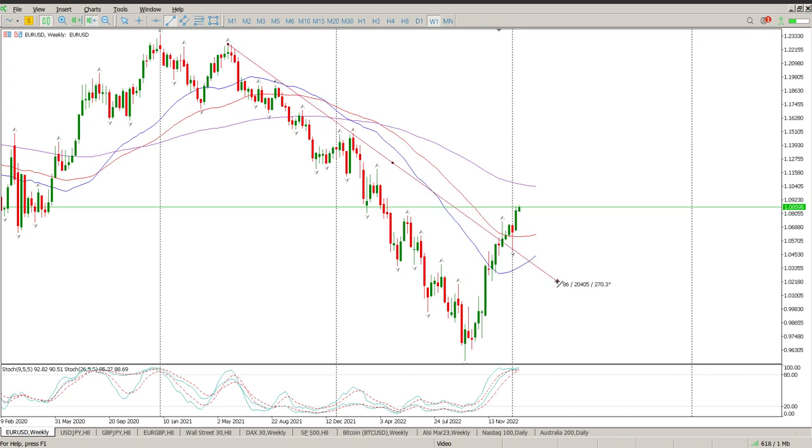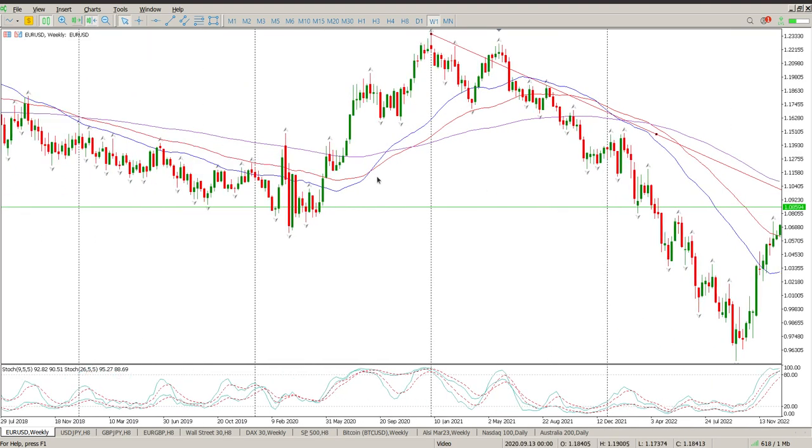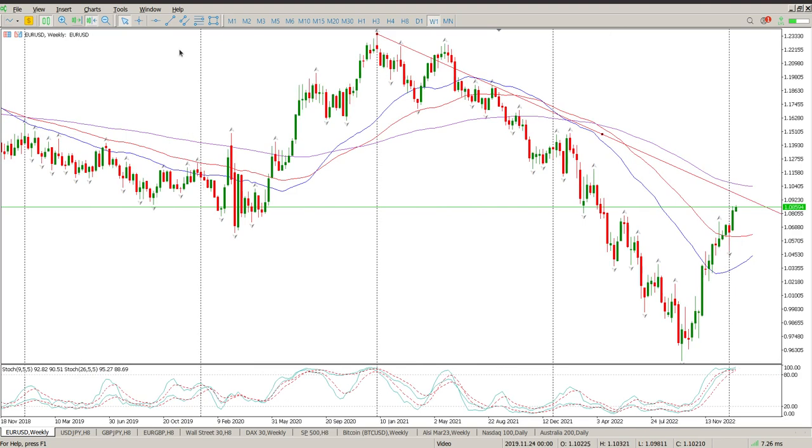That one's broken, so you can see that's been broken, but the other one that would be coming up would be the original one, which is over there. So you can see the first two fractals from 2021, and then we are heading up to that area. So we do have a lot of structure coming up as well.